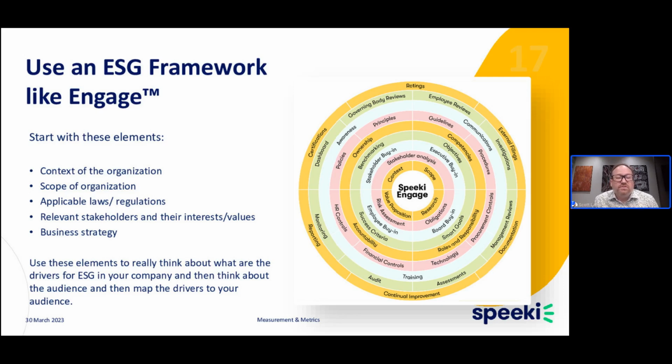So use the framework. The framework is designed to help you step by step think through some of these issues. And I encourage you, if you haven't spent time on this framework or you need help understanding it, go to one of our academies to understand how to apply it in practice.